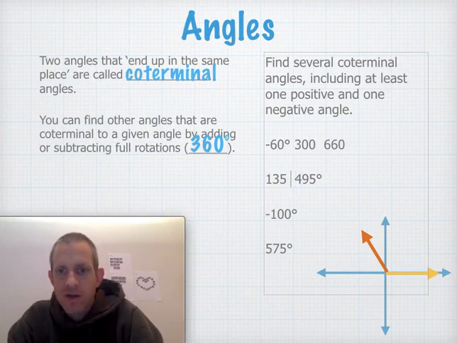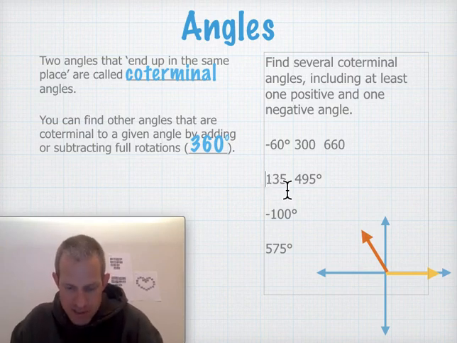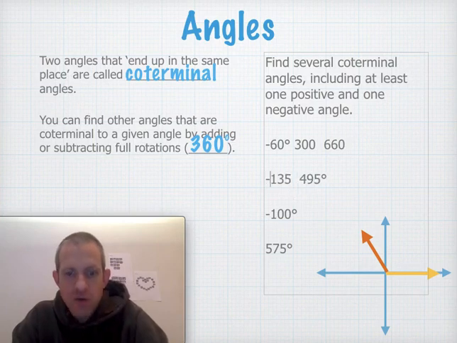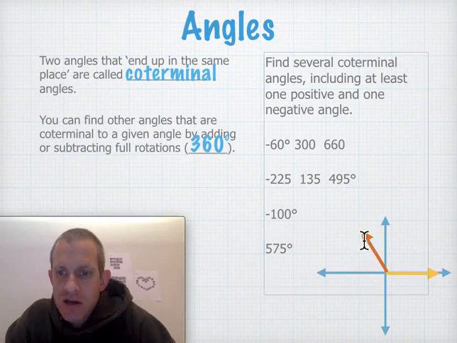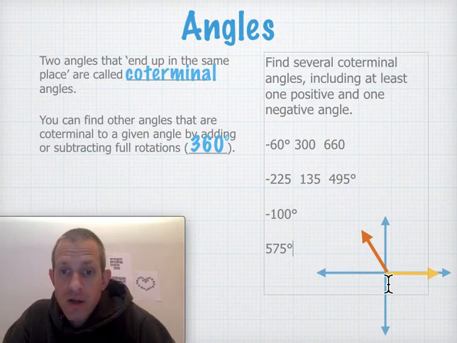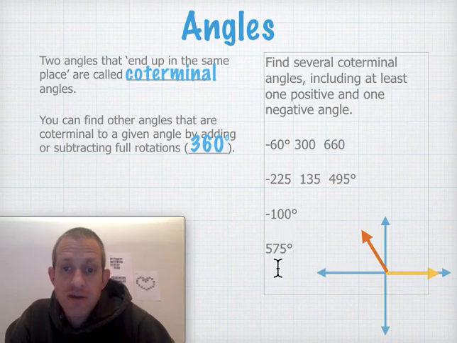And so 495 and 135 are the same angle. If I were to subtract another 360, I get negative 225. And so all of these angles are represented in the same location, about where this orange cursor is. So why don't you hit pause a moment and see if you can come up with a couple other coterminal angles for negative 100 and 575.